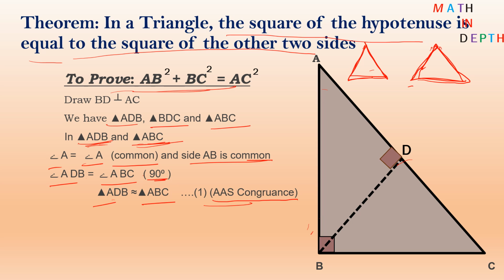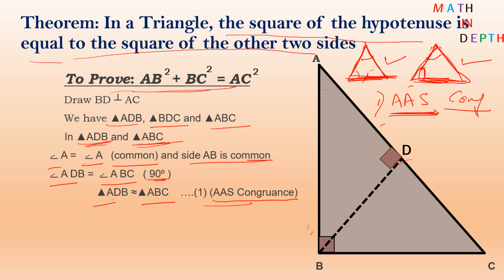The first one is AAS congruence. Now what is this AAS? AAS means two angles of the triangles should be equal, and any one side of the triangles should be equal. Then with the AAS congruence property we can say these two triangles are similar to each other.